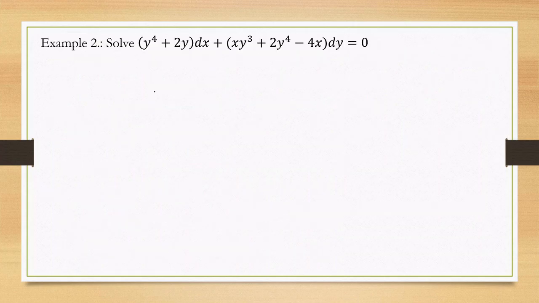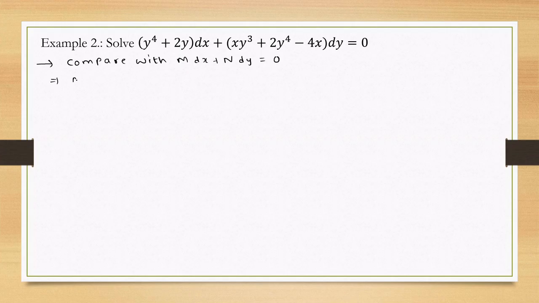Second example. Solve y raised to 4 plus 2y dx plus xy cube plus 2y raised to 4 minus 4x dy is equals to 0. Step number 1, always first of all compare with m dx plus n dy is equals to 0, right?